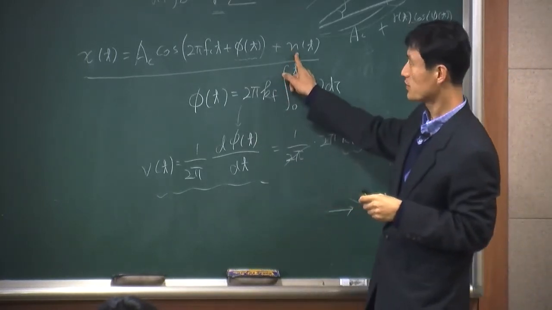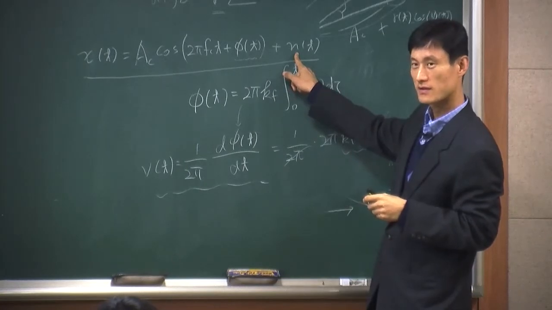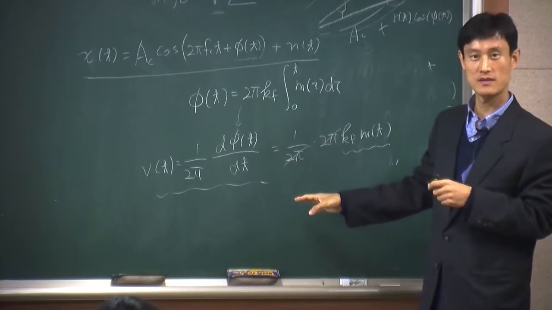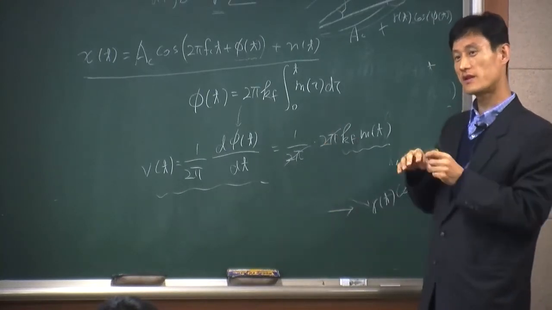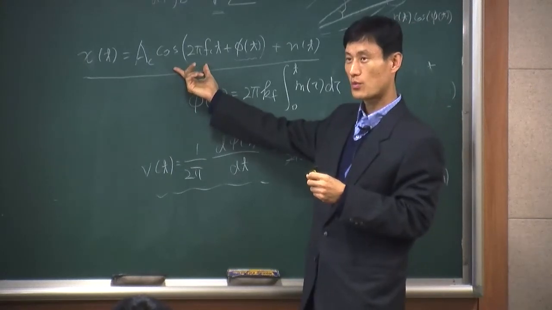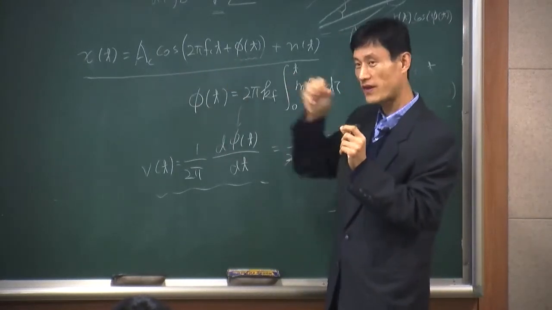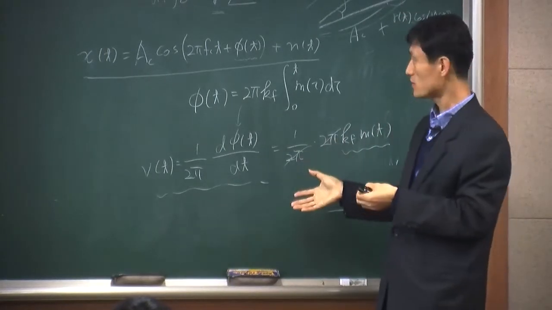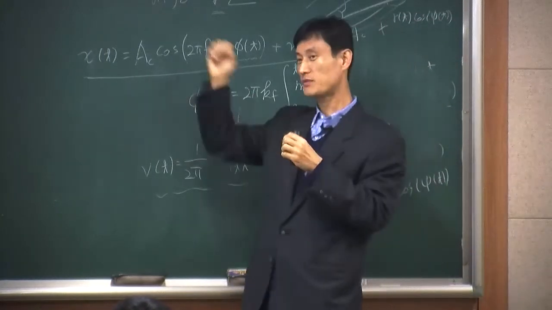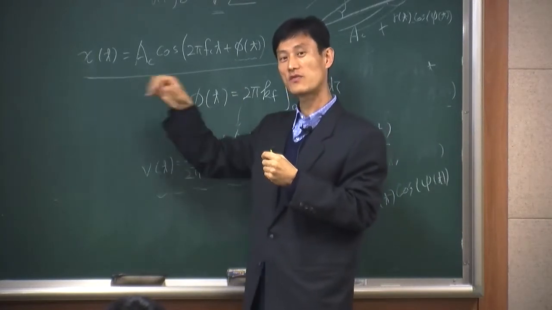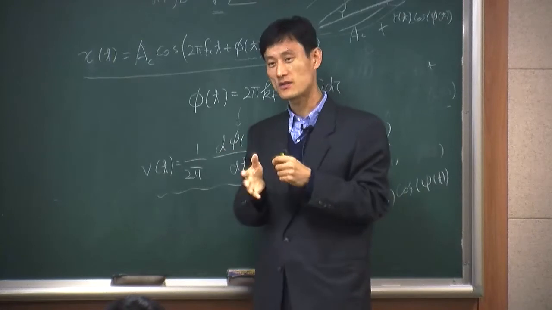So now we also have noise. But still you follow the same process. Earlier, when we had only signal, what we did was get the phase and take a derivative. Let's do the same thing. When you grab the signal over there, what you're getting is xt. So get the phase of xt and take a derivative.